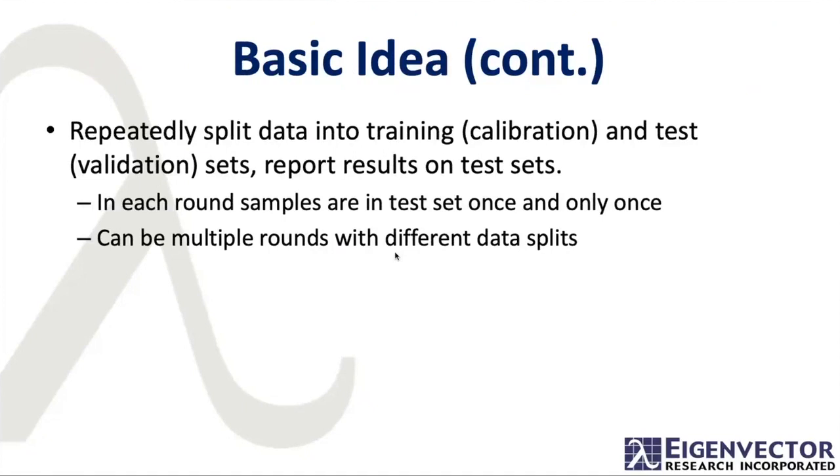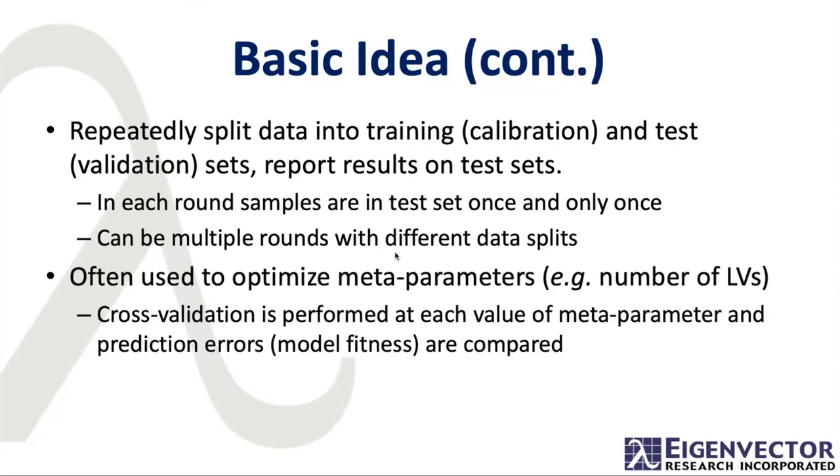Often that's a regression type model where you're trying to predict continuous values of an analyte or property, or it could be a classification where you report what class samples belong in. In each round, samples are in the test set once and only once. There can be multiple rounds with different data splits.